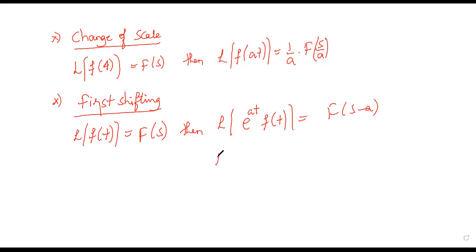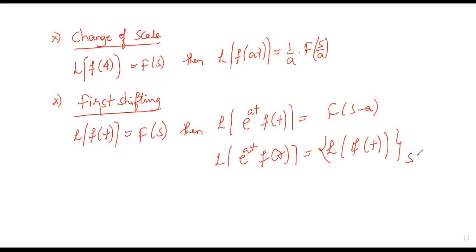Or we can write it as Laplace transformation of e to the power at f of t is equal to Laplace transformation of f of t, where s tends to s minus a.